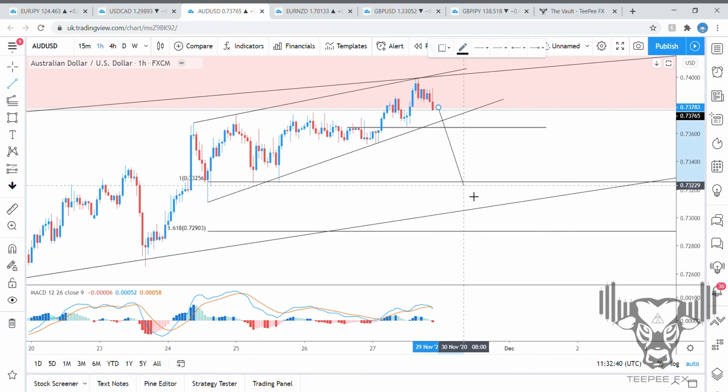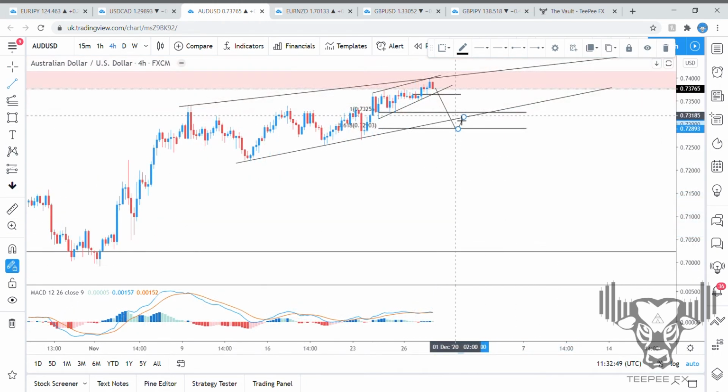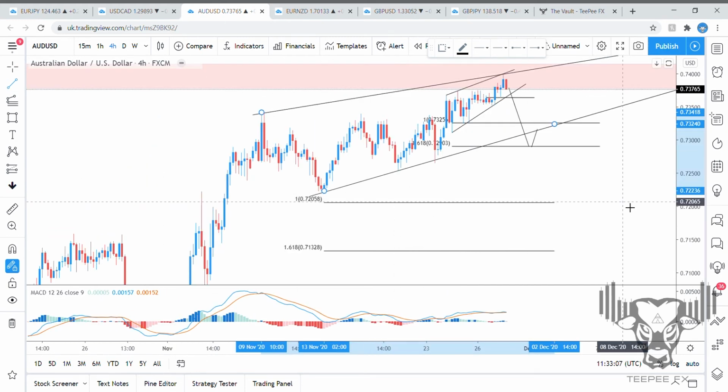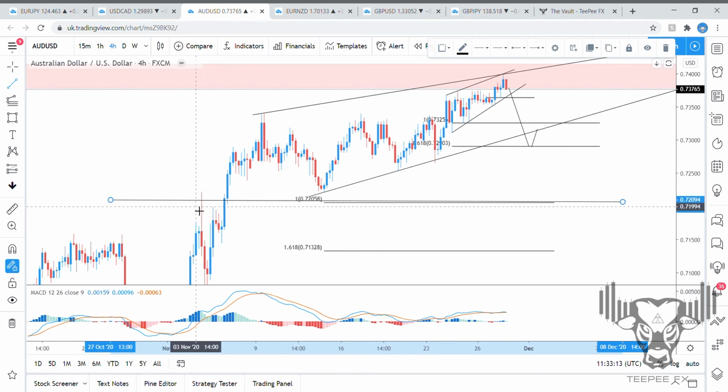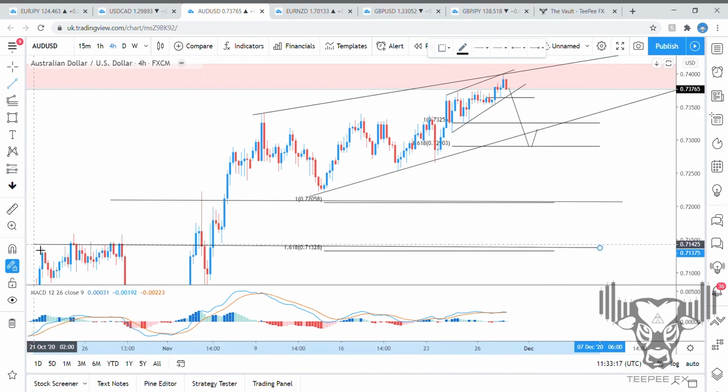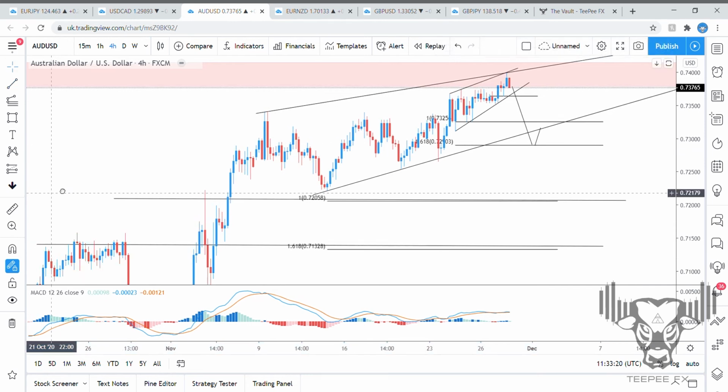So if we can get a break to the 1618 and then see our pullback, this could give us our entry on this 4-hour wedge, which has the potential to give us targets at 0.72 right on this liquidity grab here, and the 1618 sitting right on this previous level just here as well.